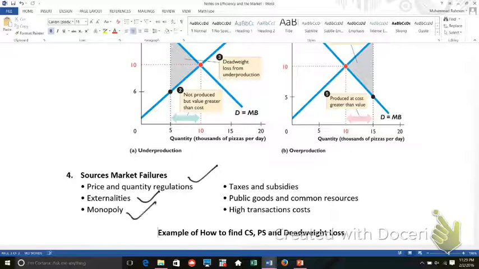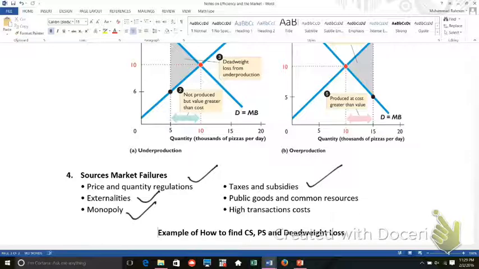Another classic example of market failure is monopoly, where a single firm controls the production of goods and services in an economy, and thereby they can decide whether they want to produce too much or too little, depending on how they want to exploit the market conditions. Taxes and subsidies imposed by the government could also create overproduction and underproduction, and therefore lead to market failures.